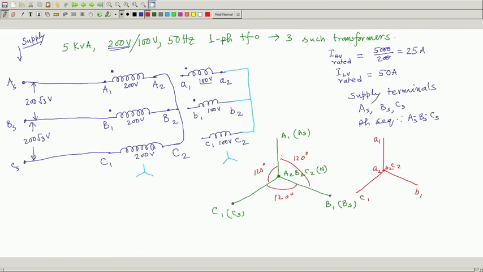And if this is 200, the secondary must be 100, because the rating of the individual transformer is known. Then I draw the primary phasor diagram. I have told you A2 B2 C2 are shorted, so do not leave these 3 phasors in isolation.